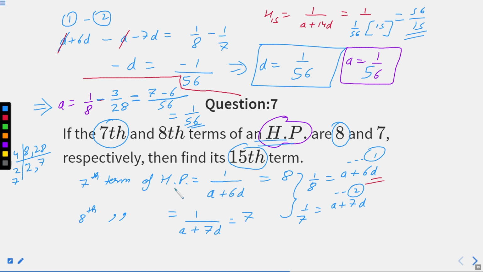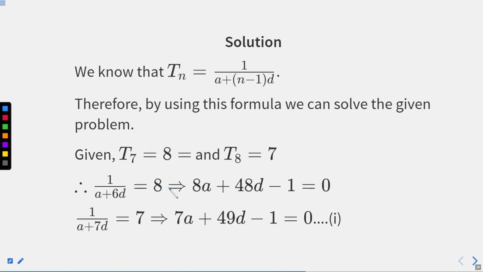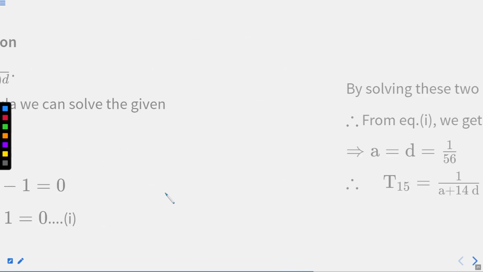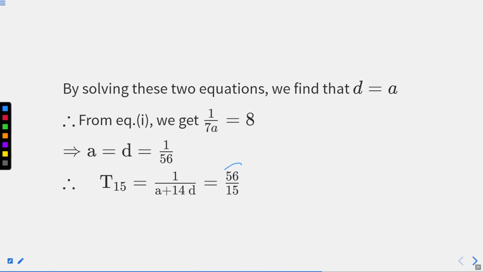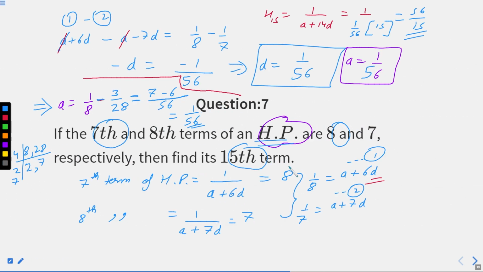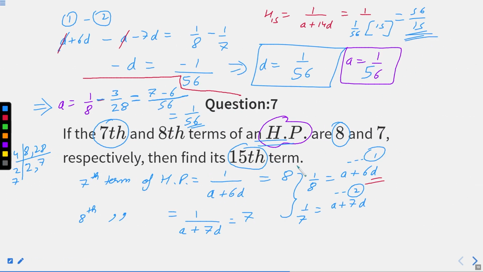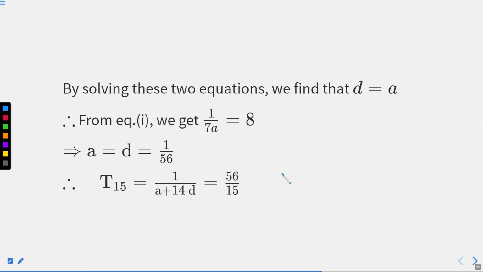Okay, let's see if I made any mistake. Clear? So let's see the solution. Yes, our term is 56 by 15. Clear? Okay, clear? Now what?